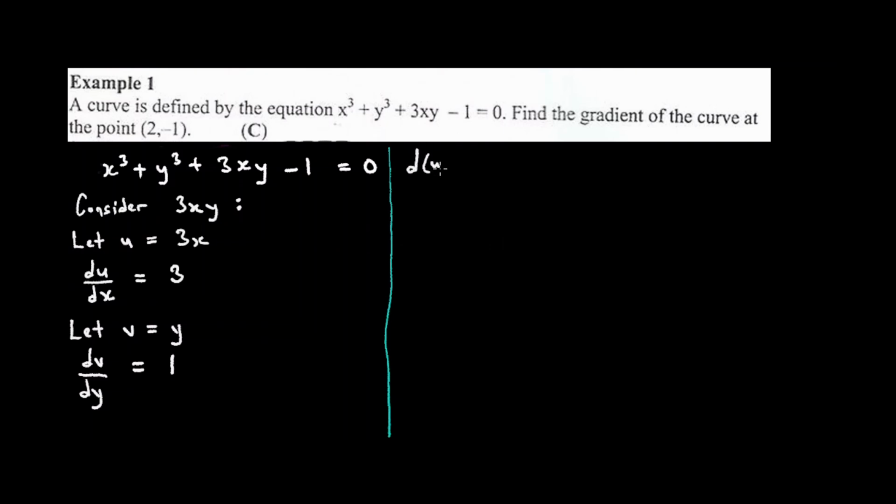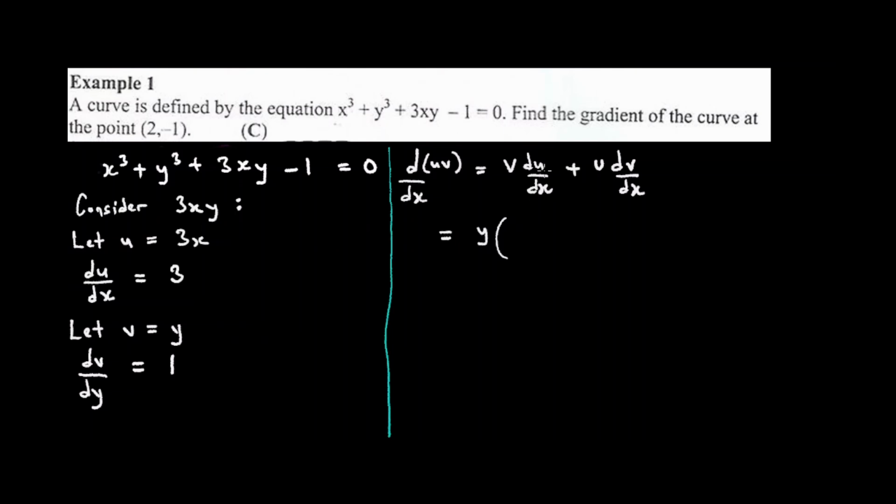It says d(uv)/dx is equal to, always start with v du/dx plus u dv/dx. Now, when we want the derivative of 3xy, we will say this is equal to, of course here we have dv/dx because we were taking directly from the formula, but instead of dv/dx we will put dv/dy. I hope this doesn't confuse you.